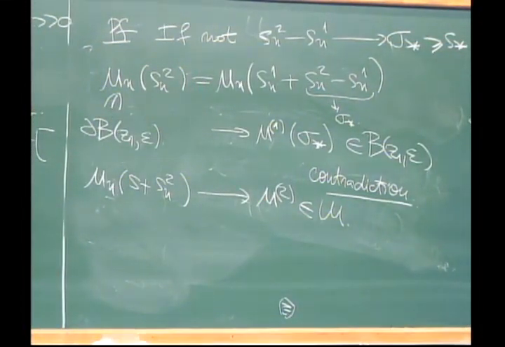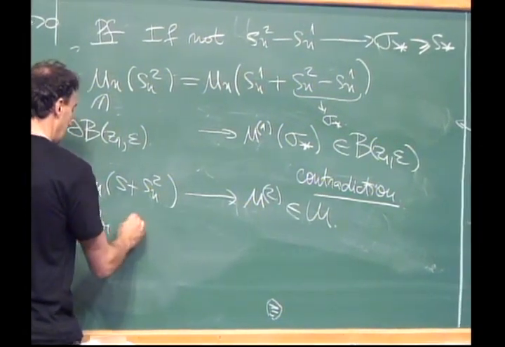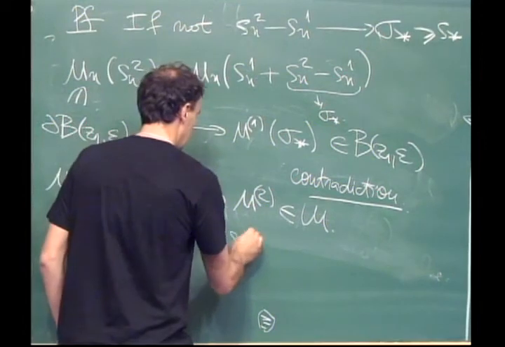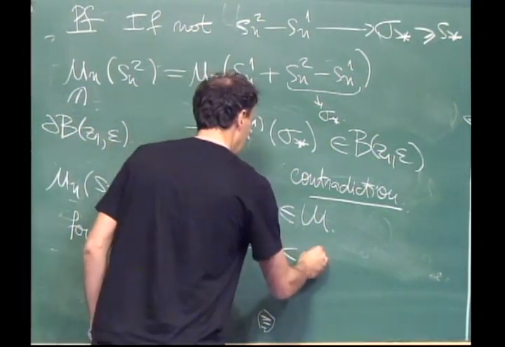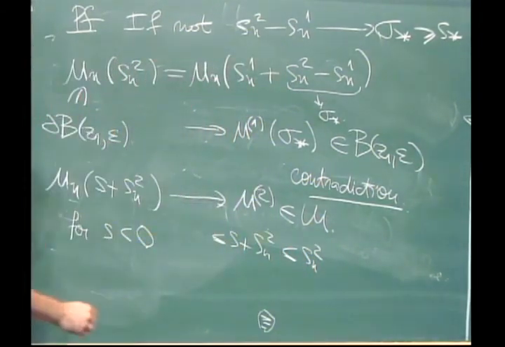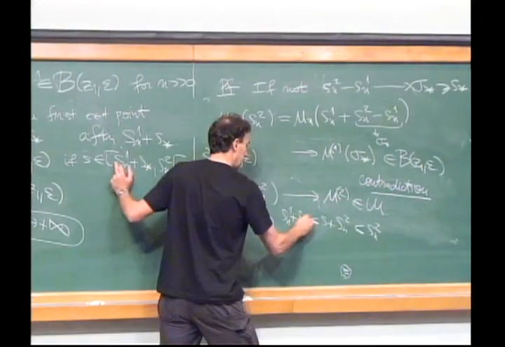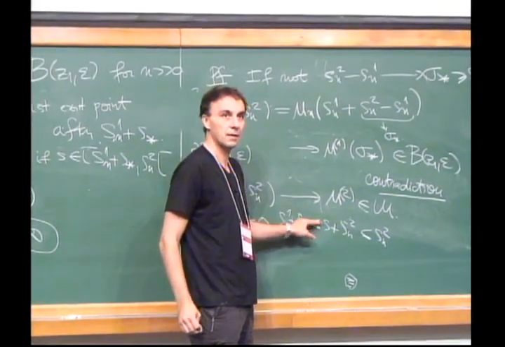Okay. And so again, as before, for S less than 0, then S plus Sn2 is less than Sn2 and greater than, and now we need to be in the ball, so you put here Sn1 plus S star. And this is true because of this lemma, right?